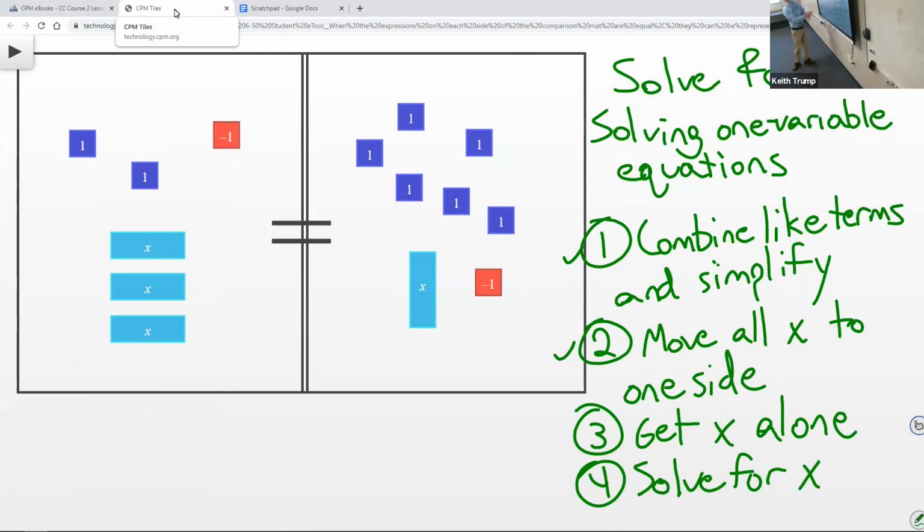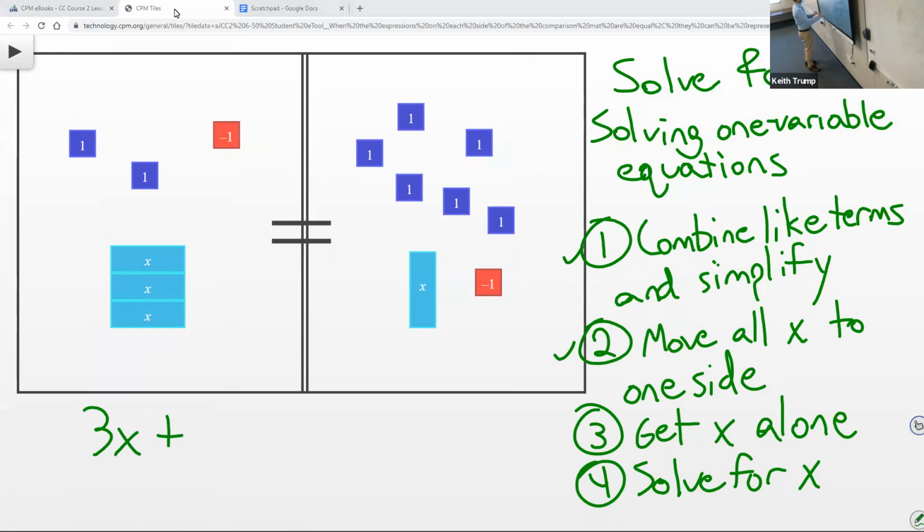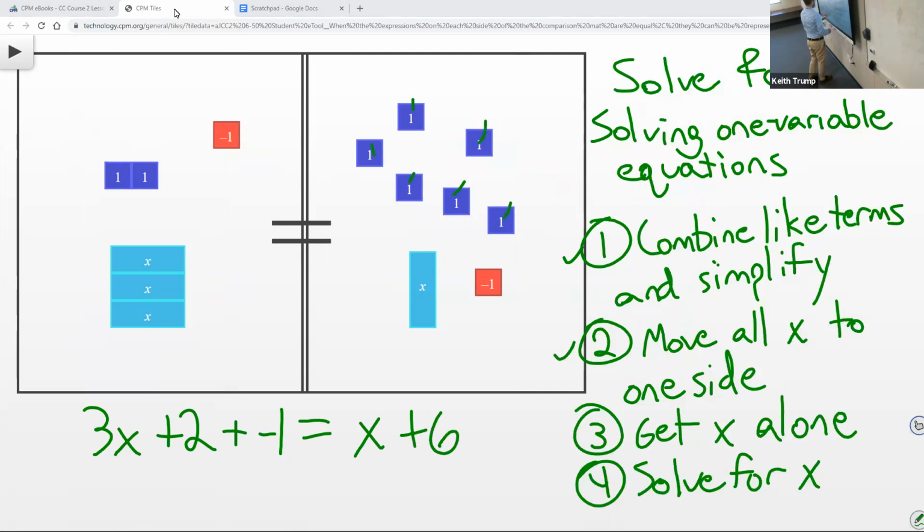So over here we have 3x plus 2 plus -1 equals 1x plus 6 plus -1. So that's my starting equation.